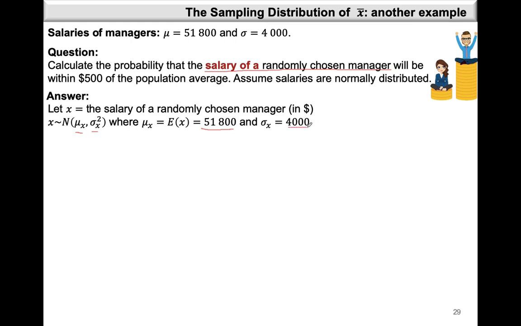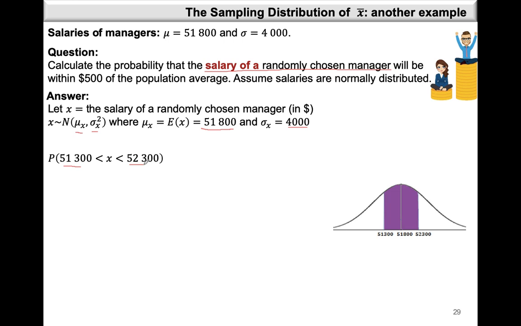So the probability that the salary will be within $500 of the population average is the probability that X will be between 51,300 and 52,300. So this is equal to the area on the graph that has been shaded.